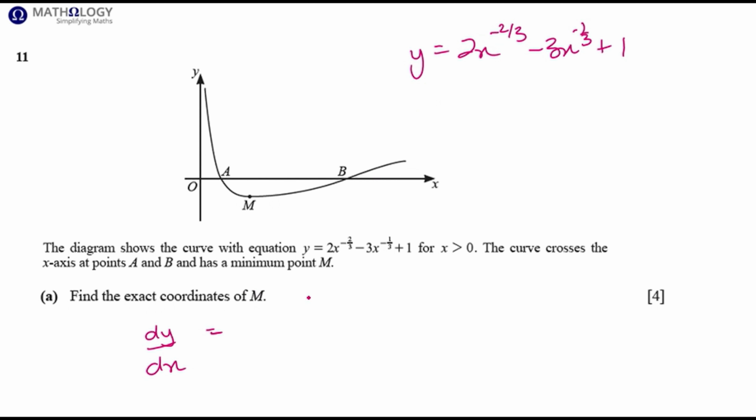So dy dx will be 2 times minus 2/3, minus 4/3, x to the minus 2/3 minus 1, which is minus 5/3, minus 3 times minus a third, which is plus 1, x to the minus a third minus 1, so x to the minus 4/3, and the derivative of 1 is 0. And then we equate dy dx to 0 for stationary points.